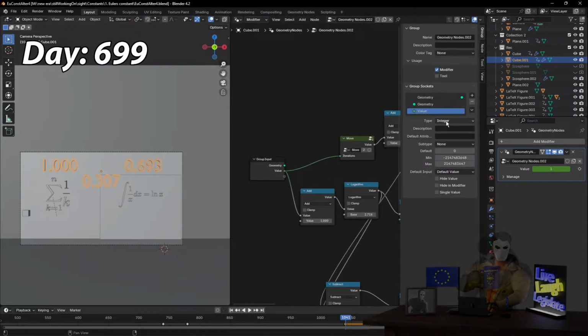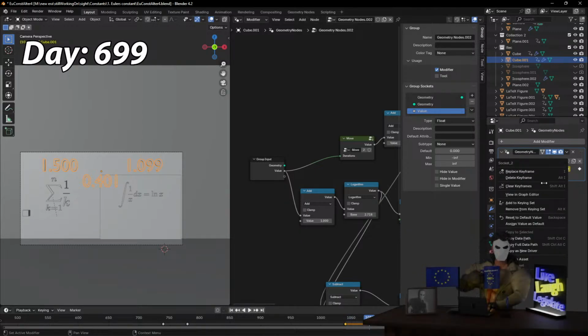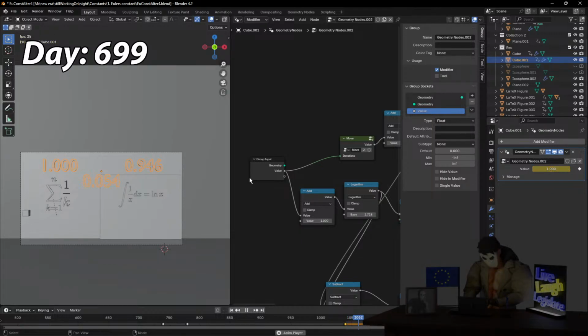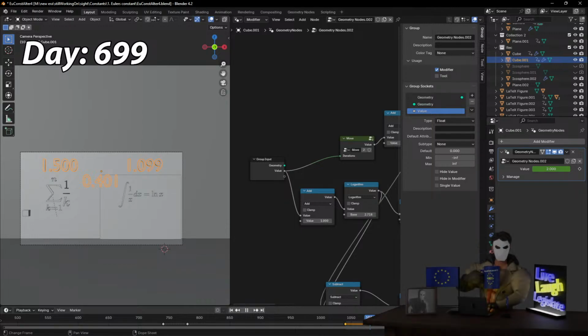How about it's actually a float? That we clear keyframes for, and we keyframe it as a 2, and we keyframe it as a 1 right here. There we go.